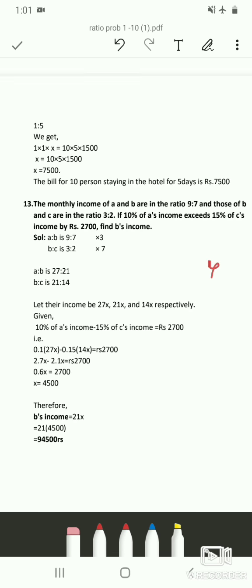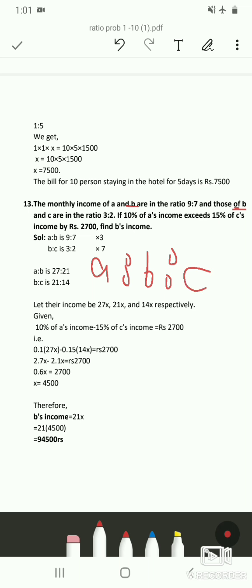Whenever there is a ratio between three persons and they have mentioned a common person, here B is common in both ratios, try to express it in the form of continued proportion, that is A is to B is to C. You have to convert the given ratios so that both values of the common person are the same.